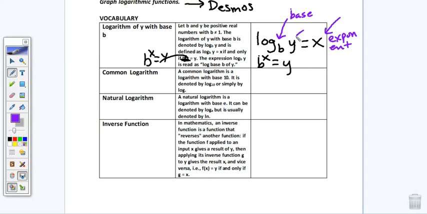Then y right here is just some number that would make the equation true. And I'll show you what this looks like here again. But understand this. In this form, b is always the what, kids? Base. And the number over here is always my what? And think about it, guys, when I look at this part right here, these two equations are equivalent to each other. Okay, they're kind of inverses of each other, if you will.